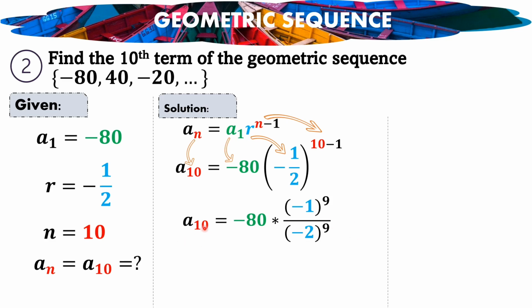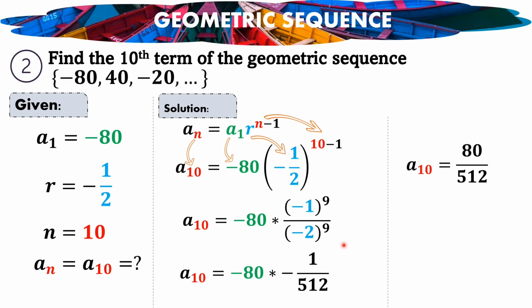Now, a sub 10 equals negative 80 times negative 1 raised to 9 over negative 2 raised to 9, so a sub 10 equals negative 80 times negative 1 over 512. If a base is negative and its exponent is odd number, the resulting sign is negative.